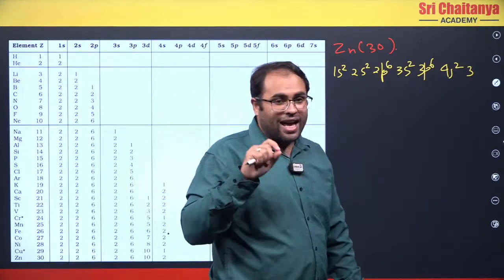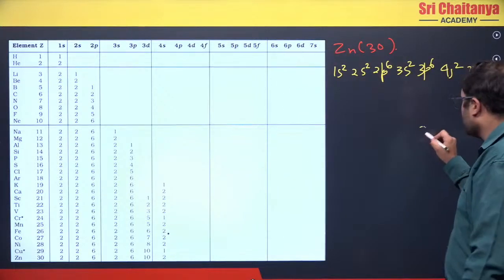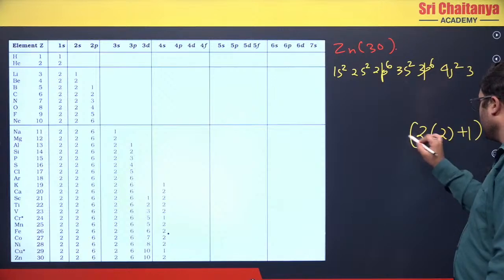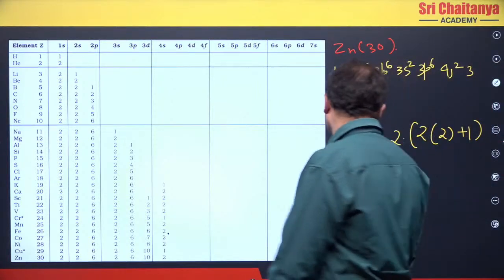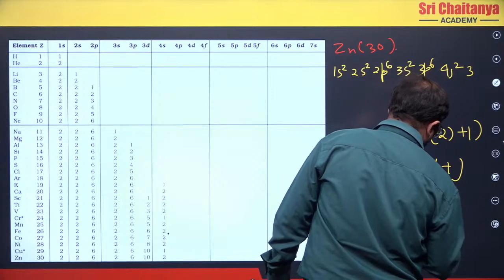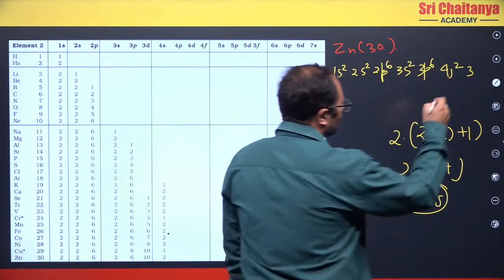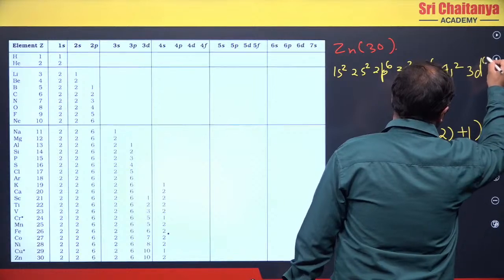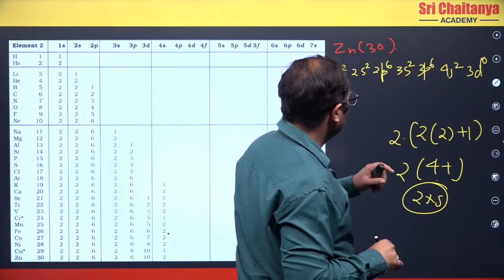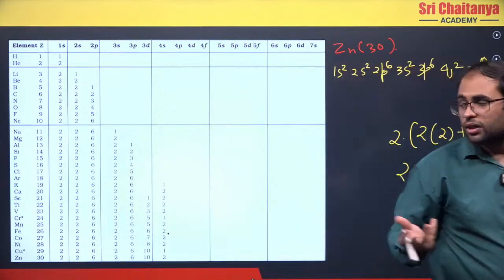The d l value is 2, so the number of electrons will be 2 times l plus 1, that is 4 plus 1, 5 orbitals. So the d orbital can have 10 electrons. So now you have 3d10. How many are there now? 30. 30 are over, right.